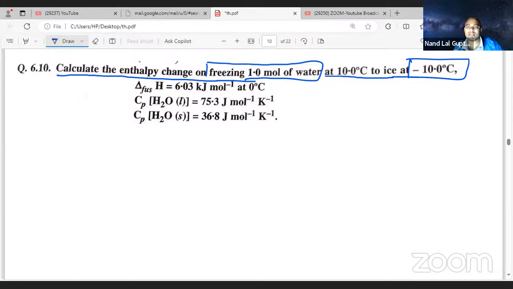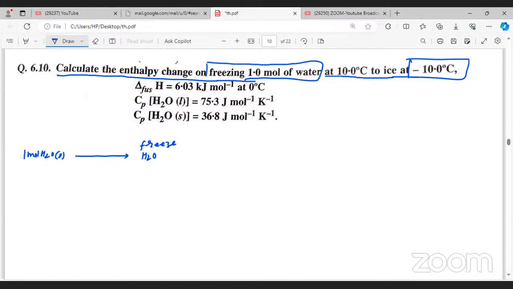And three processes are getting involved here. So here you see that there is 1 mole of water. 1 mole H2O, this is liquid. Calculate the freezing of 1 mole. So the liquid is going to freeze. So this water is going to freeze.